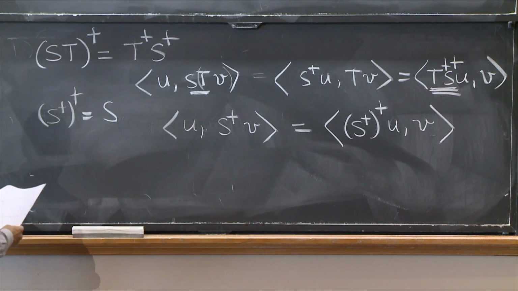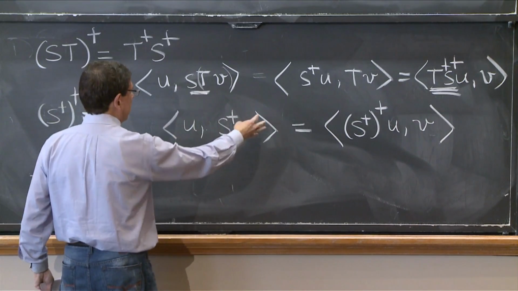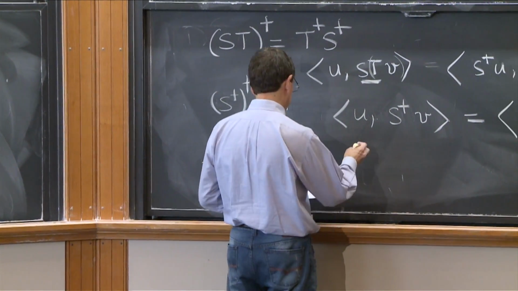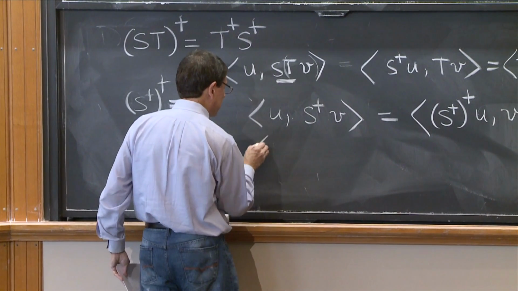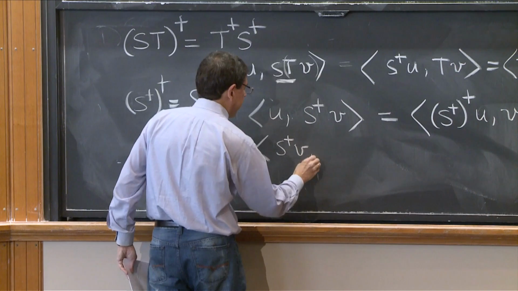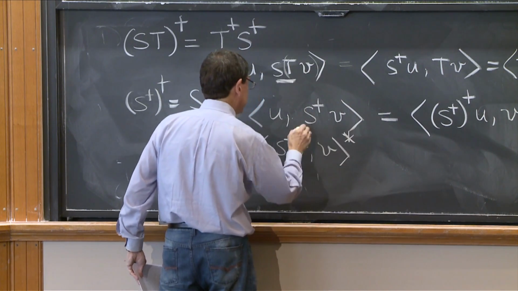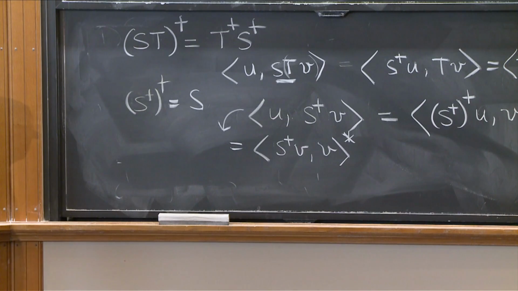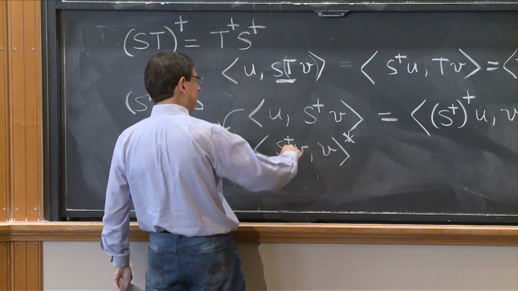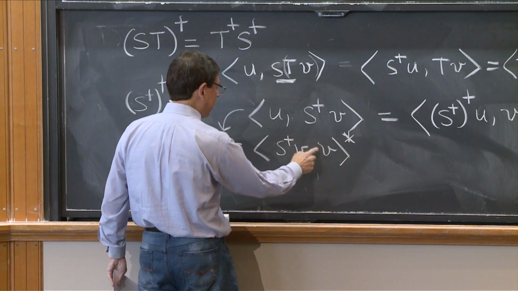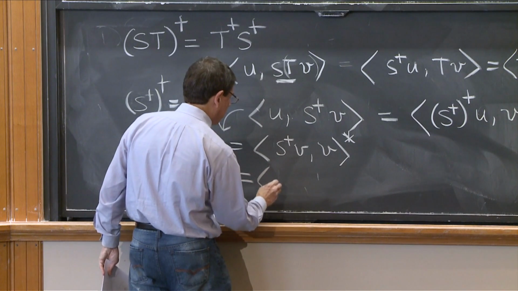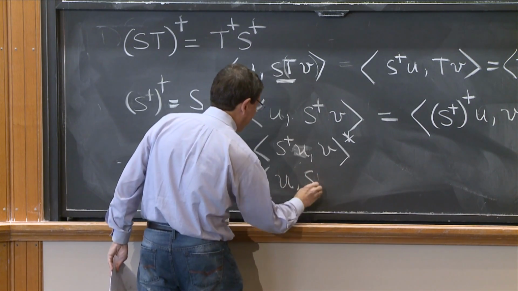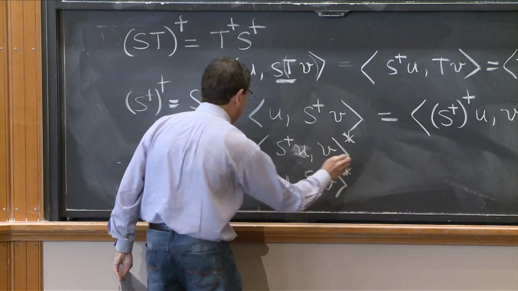So at this moment, however, you have to do something to simplify this. The easiest thing to do is probably the following, to just flip these two, which you can do, the order by putting a star. So the left-hand side is equal to this. And now this S dagger can be moved here and becomes an S. So this is (V, SU), and you still have the star.